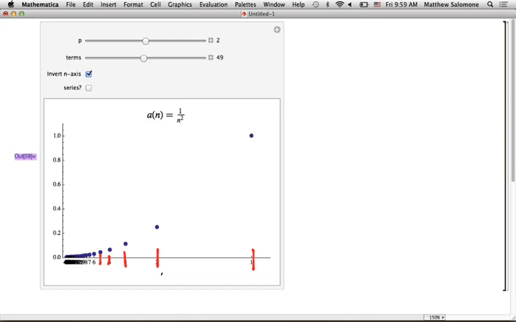So I flipped the whole x-axis so that now this point here at 0 is n equals infinity. So we brought the horizon toward us. And now when we read this limit, we're reading this limit going toward the left instead of going toward the right. And sure enough, as n tends to infinity, a sub n does tend to 0.